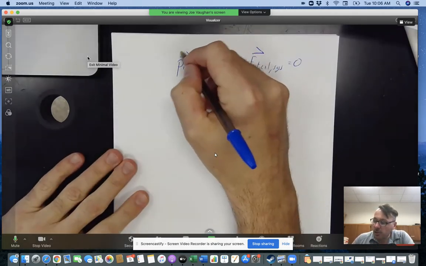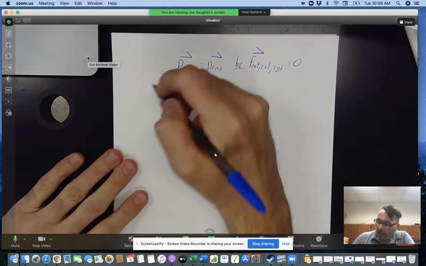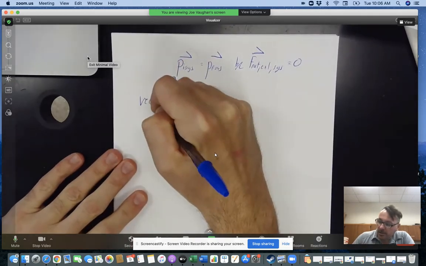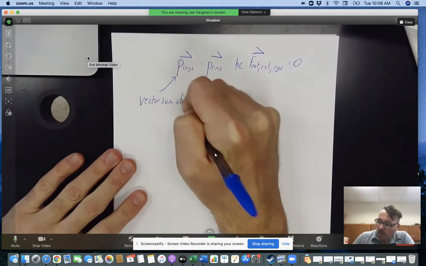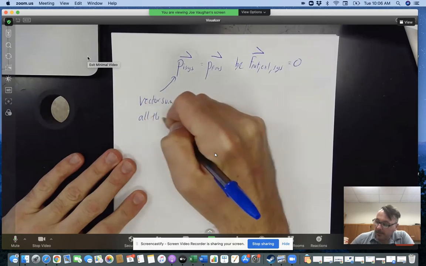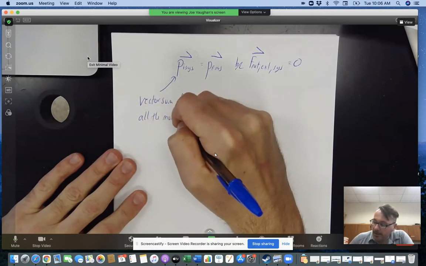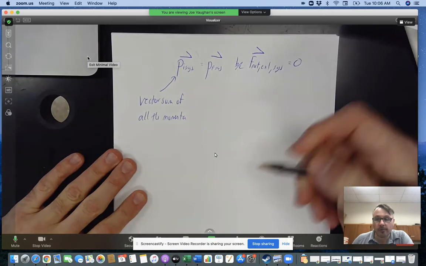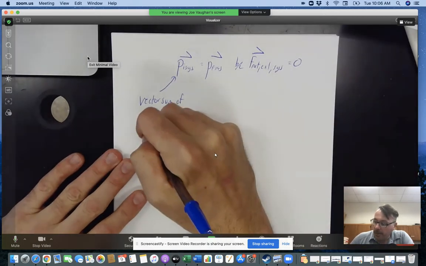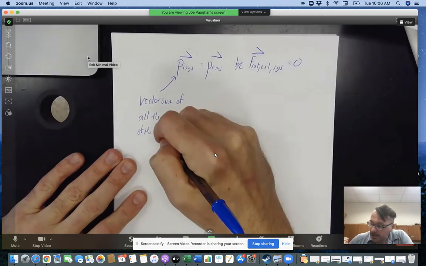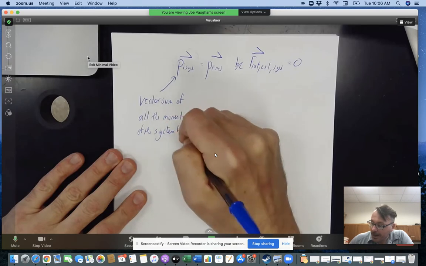Well, what does initial momentum of the system mean? Well, that means the vector sum of all the momenta, plural for momentum, of the system before the interaction.